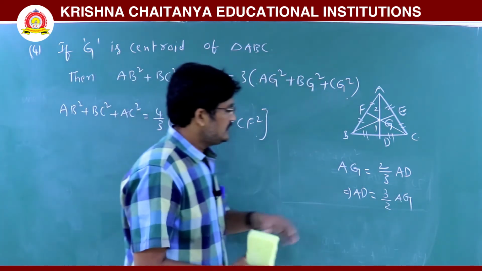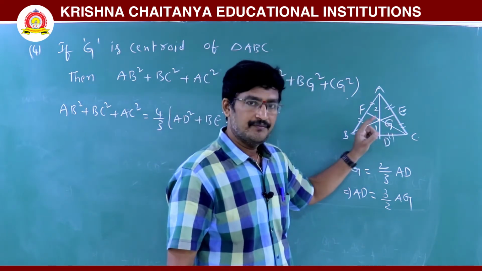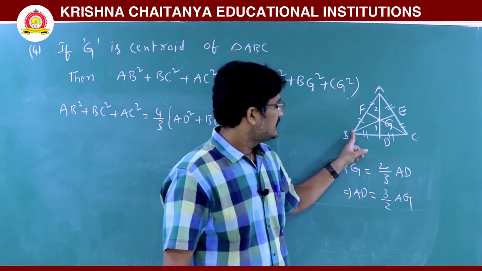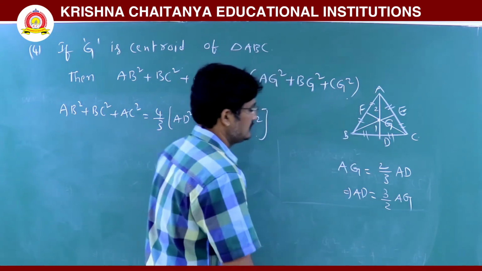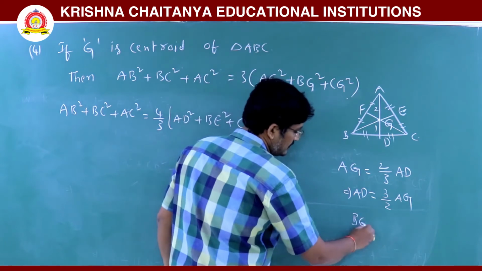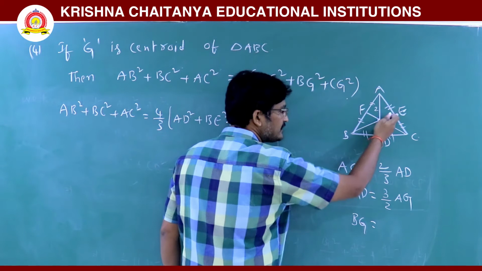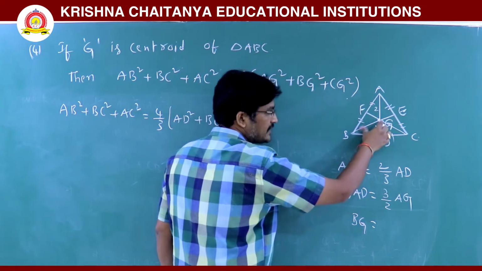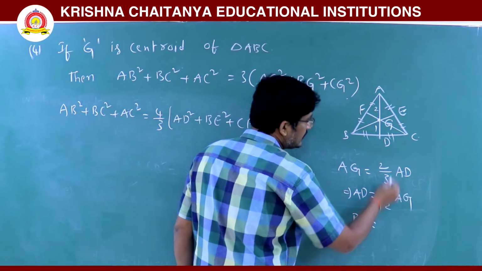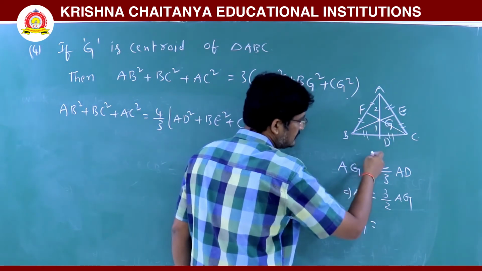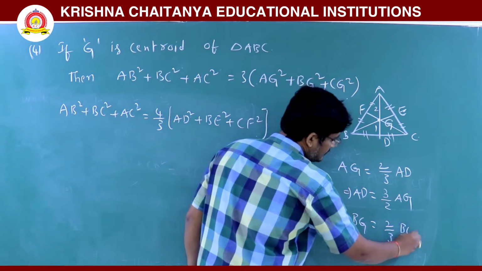In the similar way, G divides BE in the ratio 2:1 from the vertex B. That means BG: if you make BE into 3 parts, 2 parts is BG, that is 2 by 3 BE.